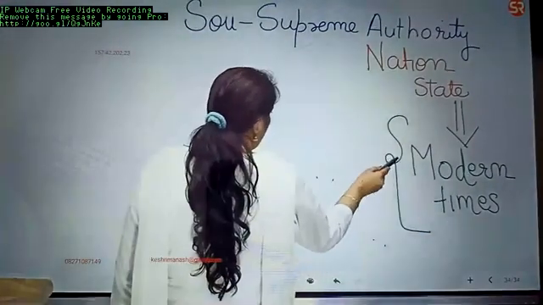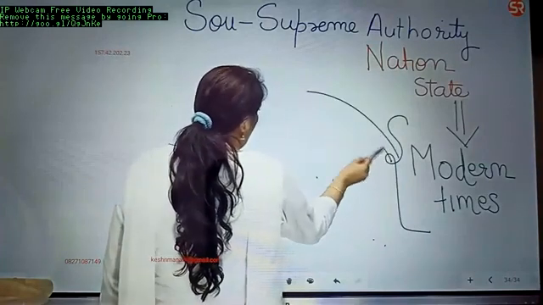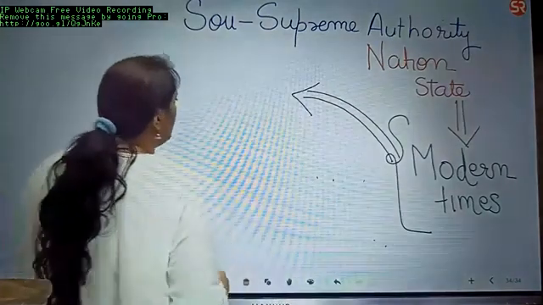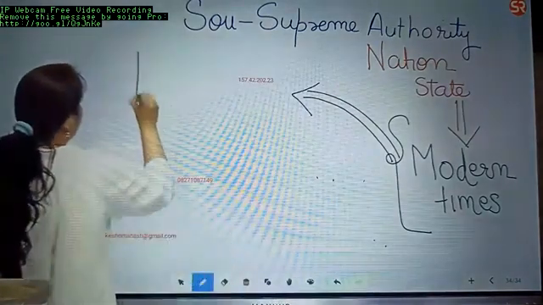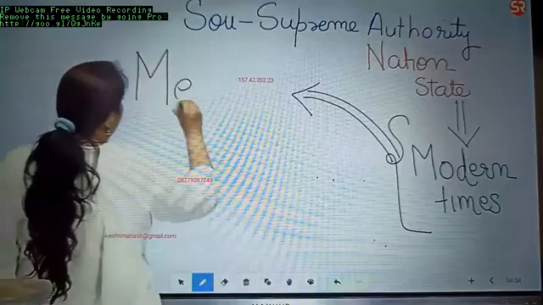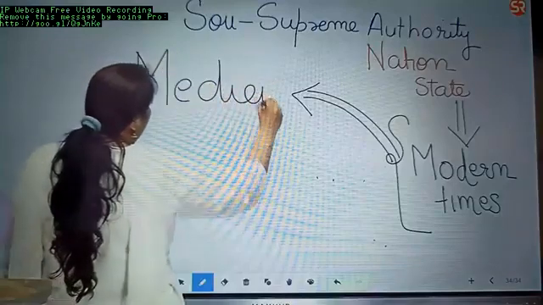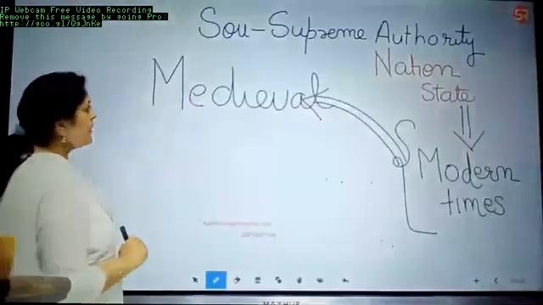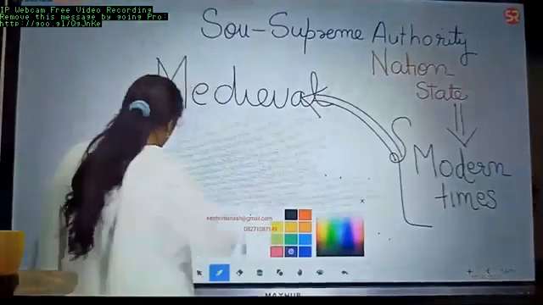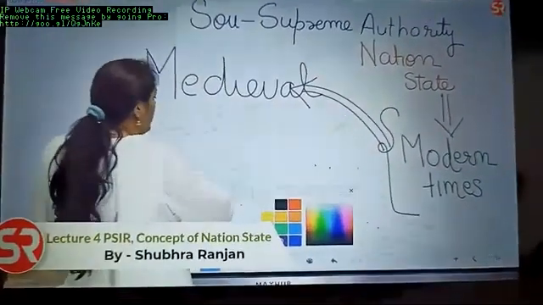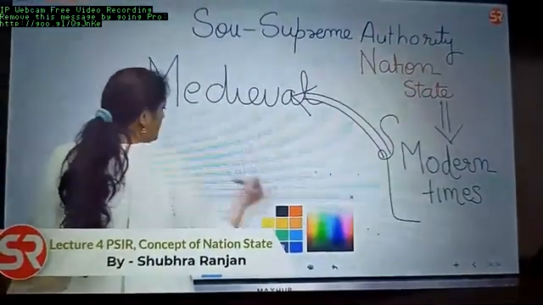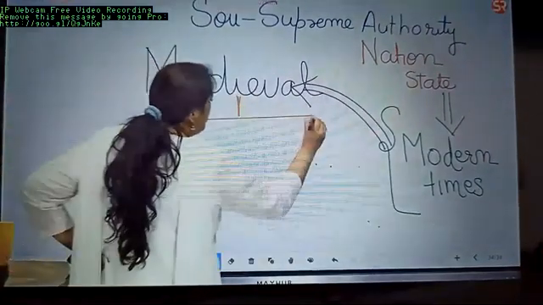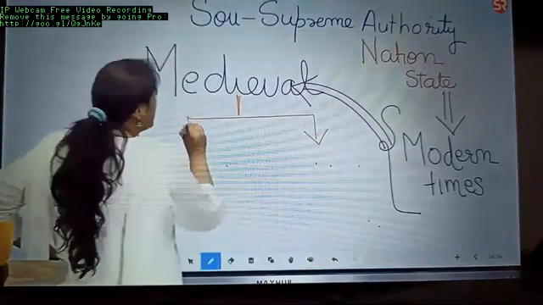So, what was the situation in medieval times? Okay. In medieval times, in Europe, there were two centers of authority.